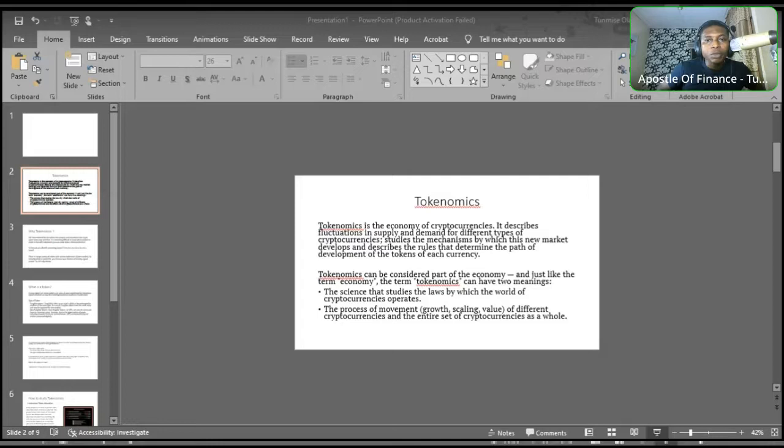But in recent times, so many projects are coming up, day in, day out, and you find it difficult to identify which project to invest in. Tokenomics is a good indicator to look into to be able to make an informed decision when looking at a project to invest in.